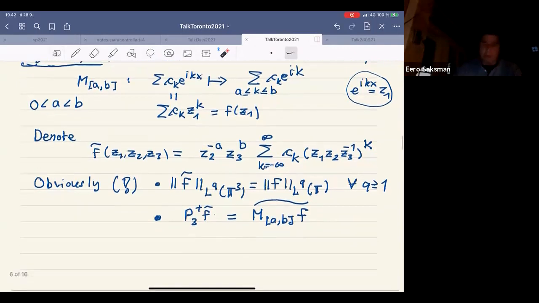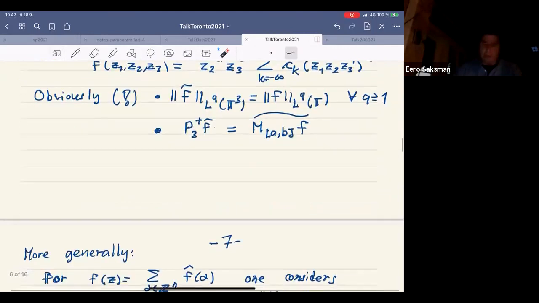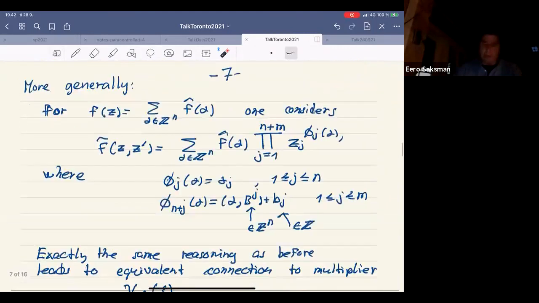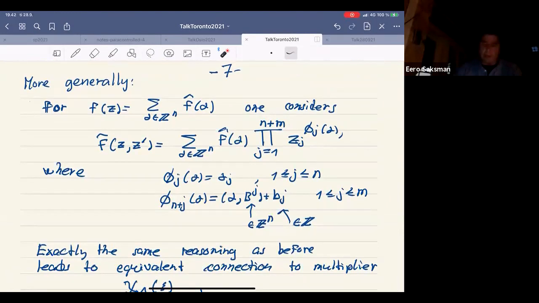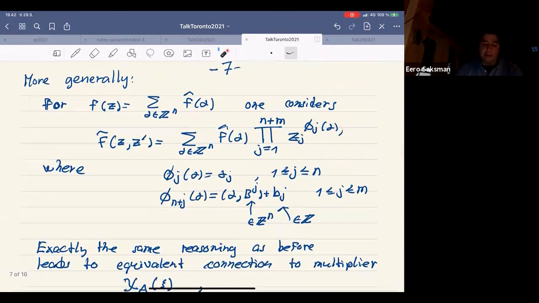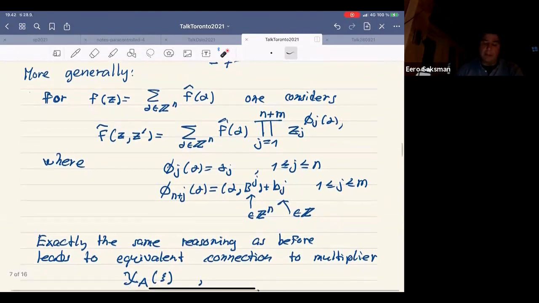Okay, so let's go on. You can play the same game in higher dimensions. You just use more auxiliary variables. M is now the number of auxiliary variables. You define these exponents in a suitable way. It's just the same idea.